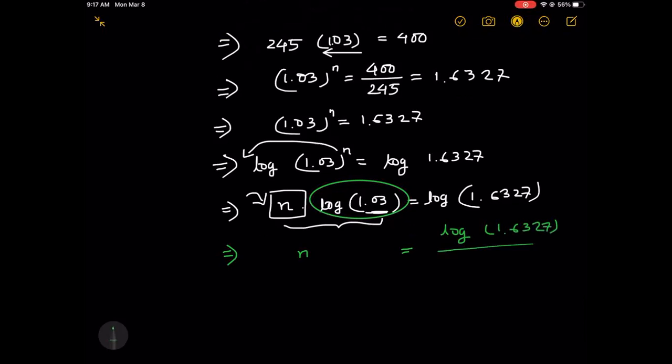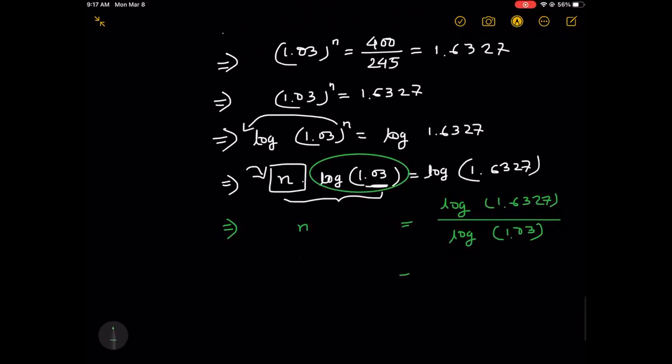So we can do that: log 1.6327 over log 1.03. And now definitely you can use your calculator to get the final result. Log 1.6327 will give us 0.2130 up to 4 decimals, okay?